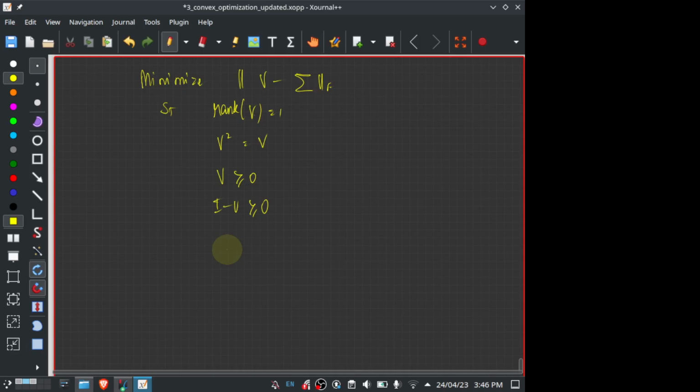Is this a convex optimization problem? Why not? Okay, which equality constraint? So this is basically the same as saying V square minus V equal to 0.